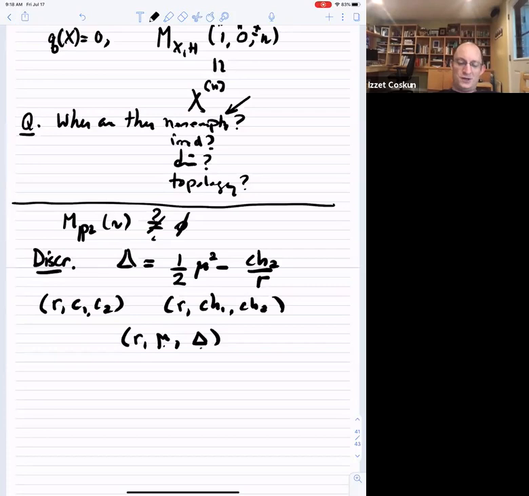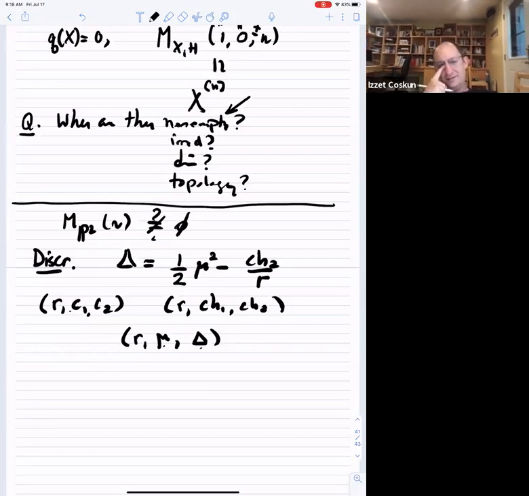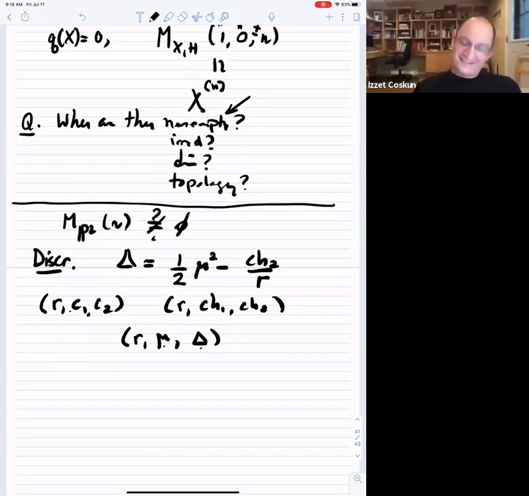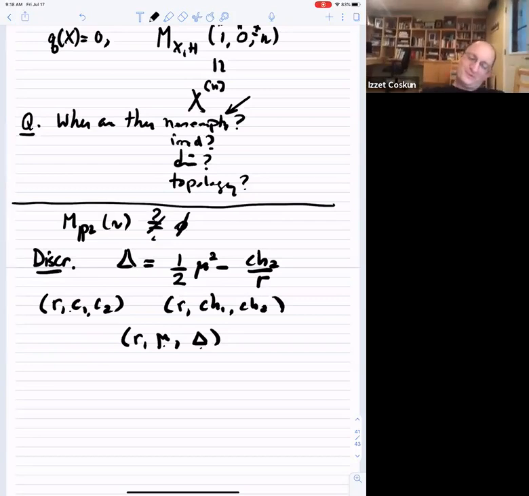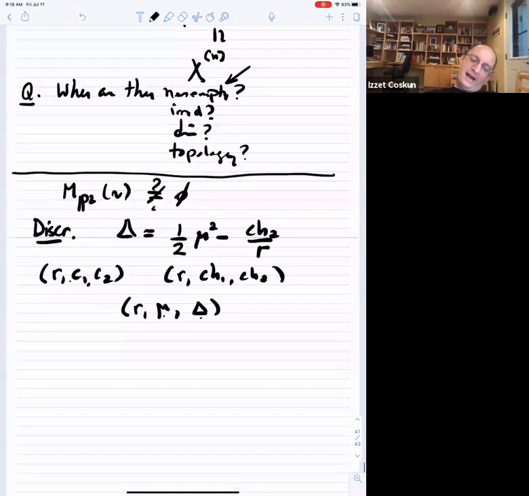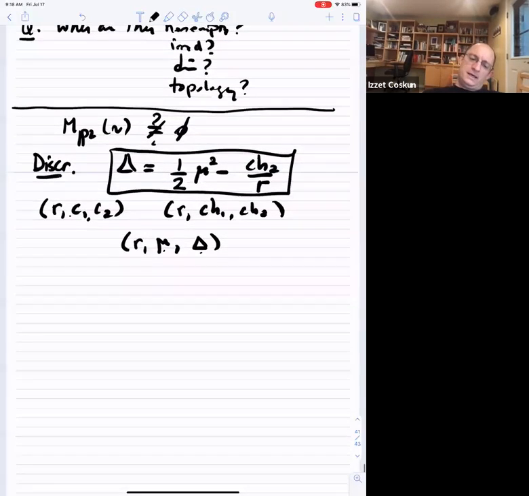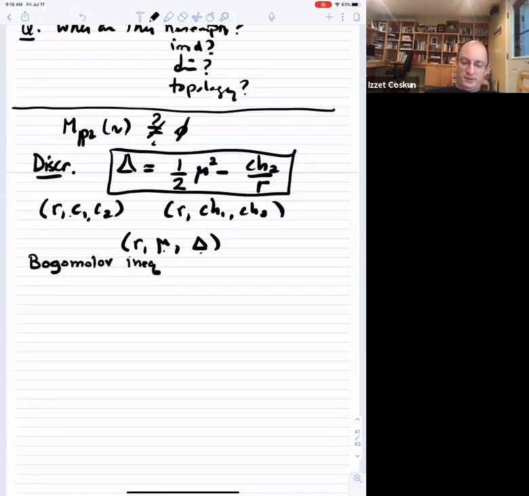So if I know the slope and the discriminant, then I can read off ch1 and ch2. And if you know ch1 and ch2, you can work out c1 and c2, at least if you can keep your signs right. This is something that I always mess up, so I'm not going to try to do it here. And this is the discriminant. The importance of the discriminant is like this. There is something called the Bogomolov inequality, and this is really important.